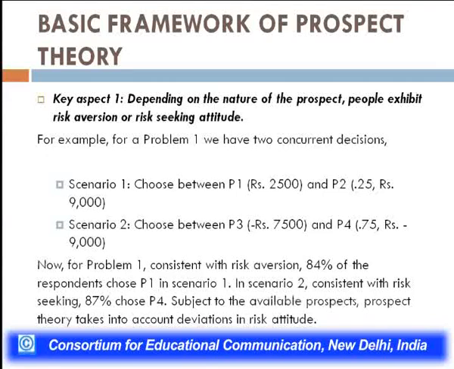Scenario 2 is consistent with risk seeking: 87% of people chose the P4 option, a 75% chance of losing rupees 9000. Subject to the available prospects or alternatives, prospect theory takes into account deviations in the risk attitude of people.